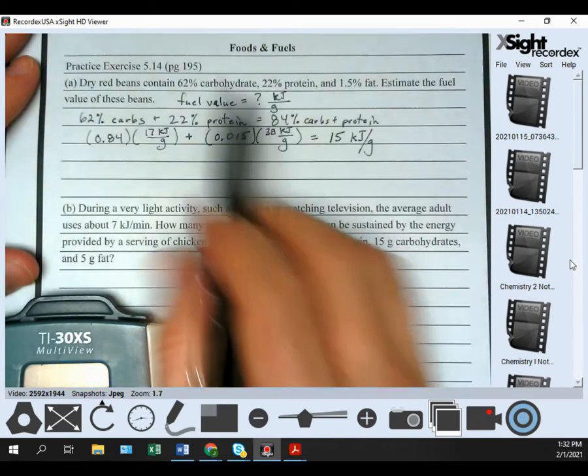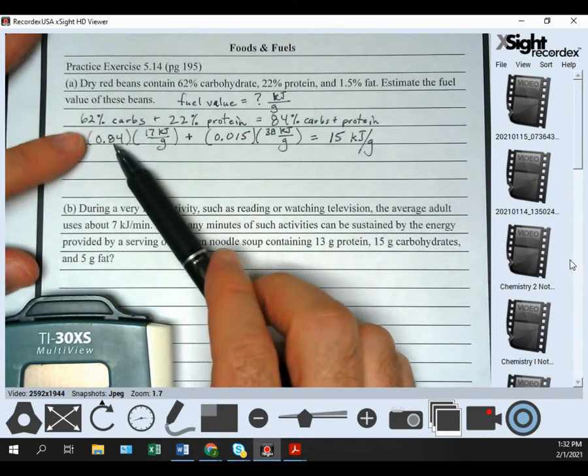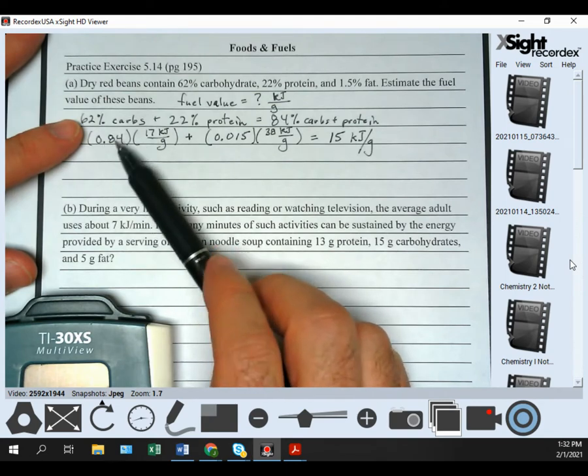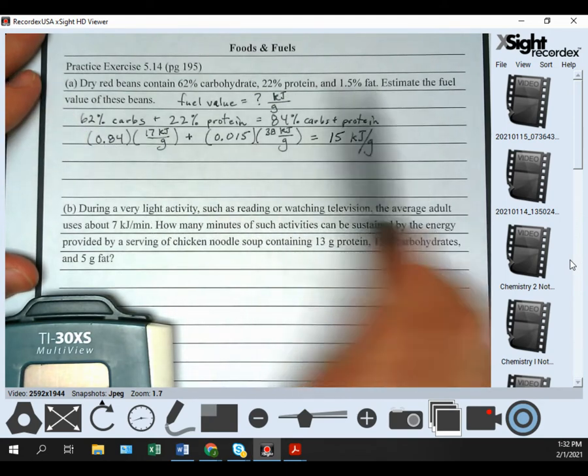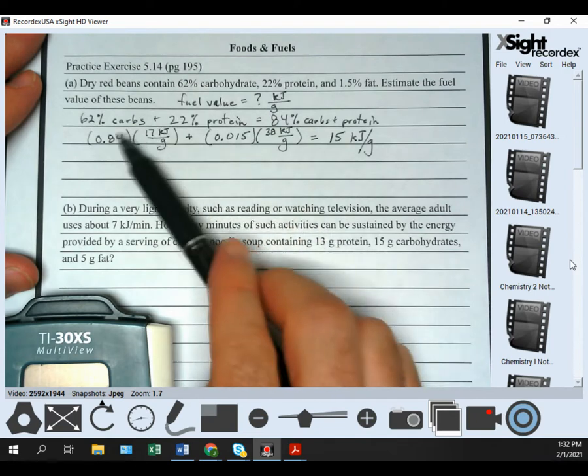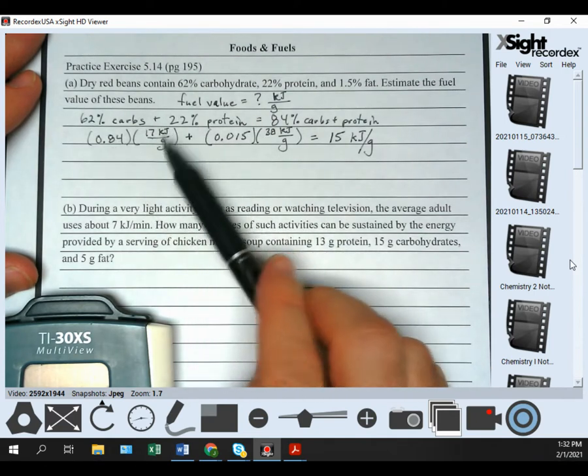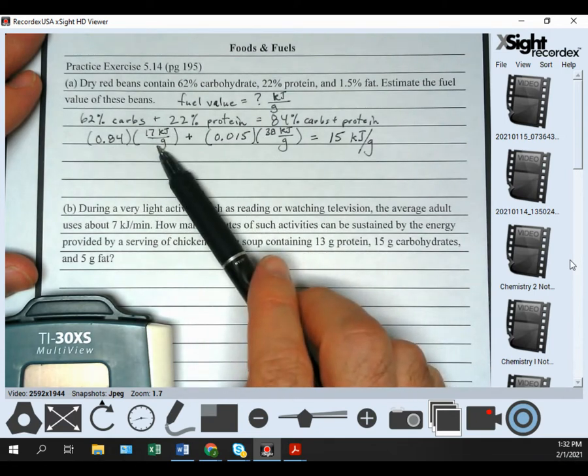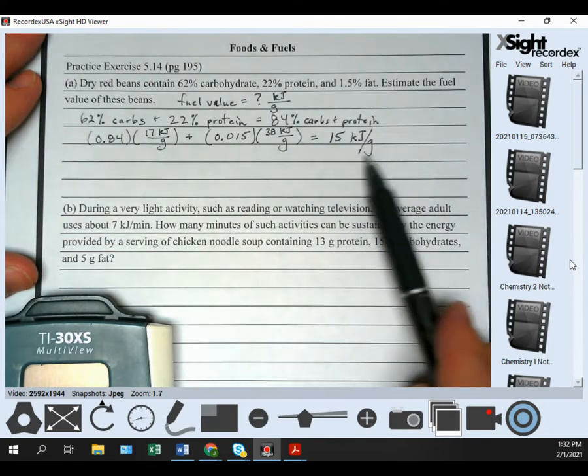All we're really doing is taking the percent of the substance that's each thing as a decimal times the fuel value, and then adding them together to get the total.